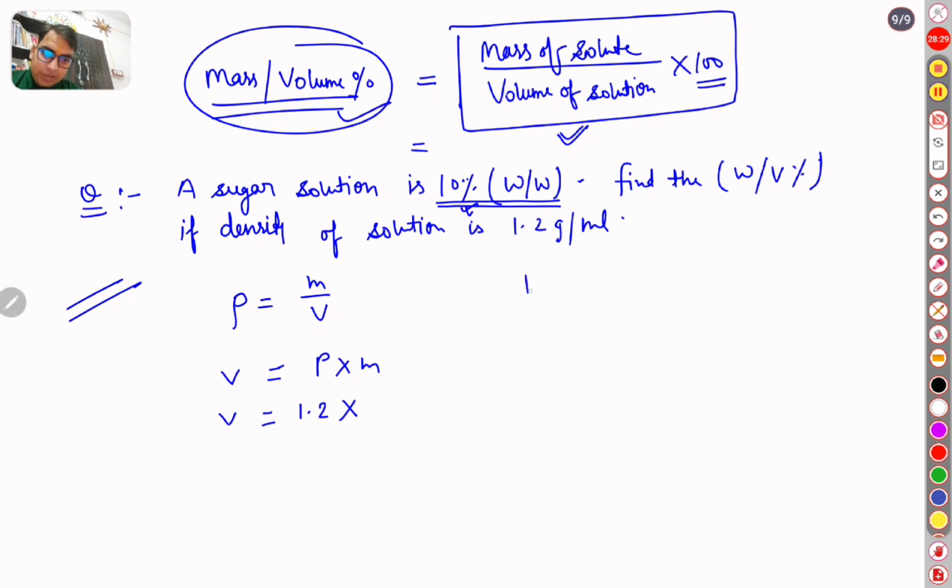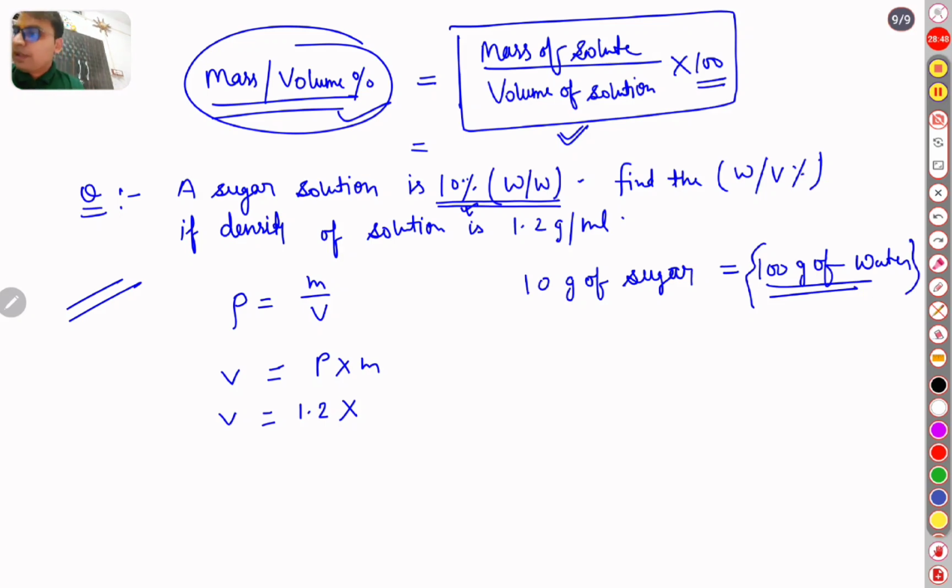It means that 10 gram of sugar is dissolved in 100 gram of water, so 100 gram of solution. Then volume is 100 by 1.2, which is approximately 83.3 ml.